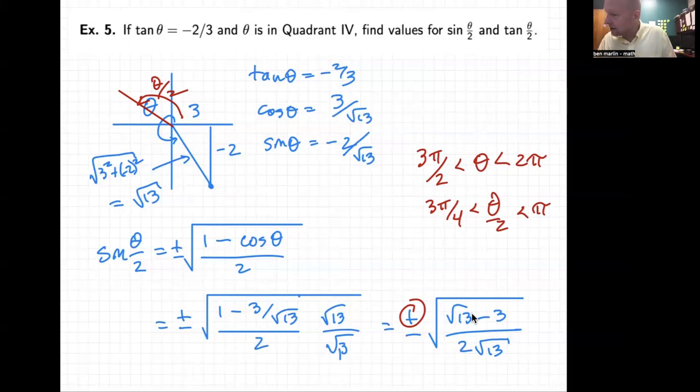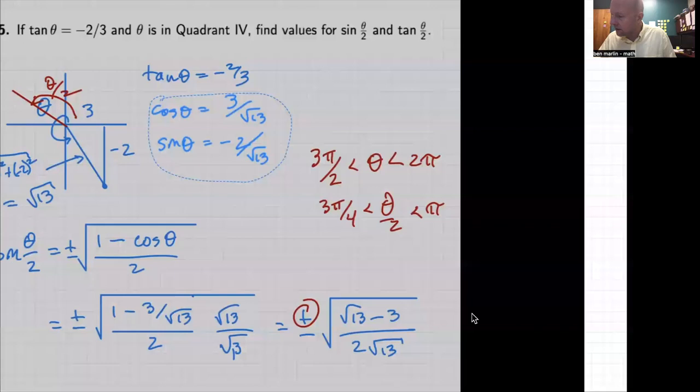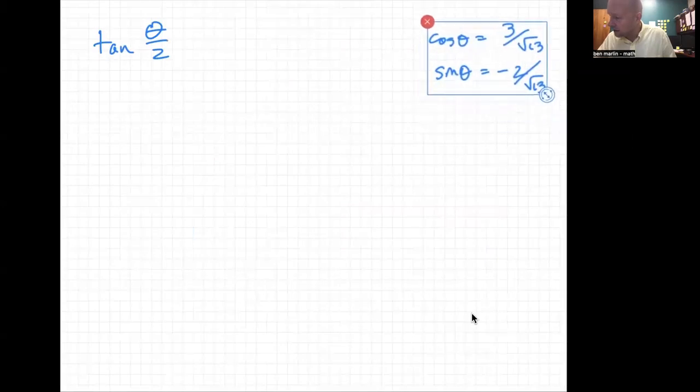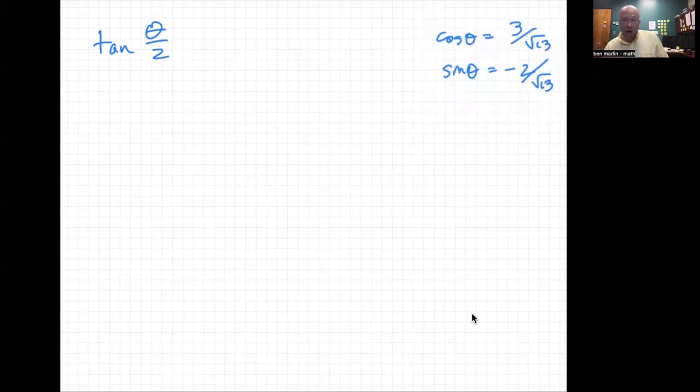All right, let's go ahead and I'm going to copy these things here. And I'm going to add an additional page because the next part of this says to get the tangent of theta over 2. And I said I was going to paste that. Okay, I'm just going to put those over there. So I don't remember the formula for tangent of theta over 2.